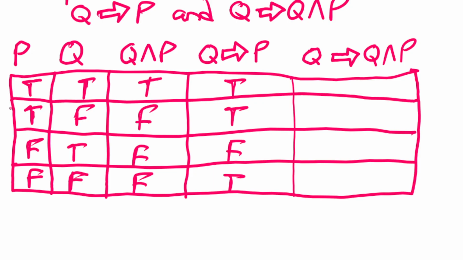But let's look at this implication, Q implies Q conjunction P. Well, both statements are true, so it is true. Both are false, so it is also true. And in this one, we have Q is true and Q conjunction P is false.